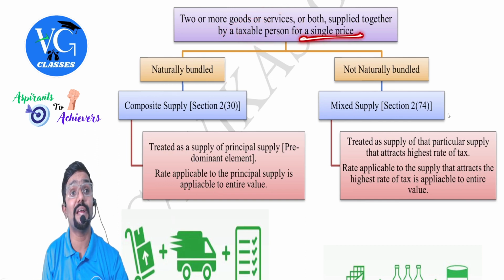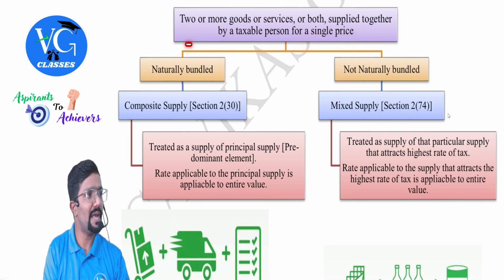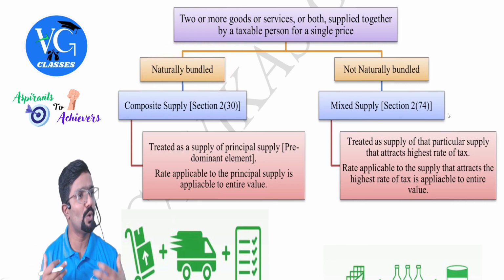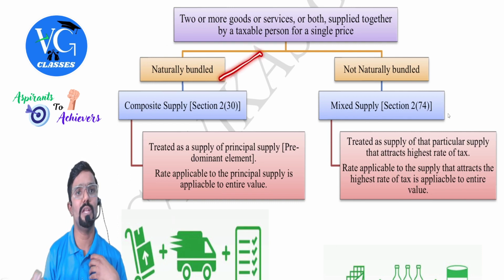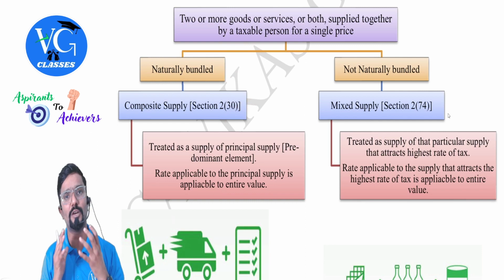And it is supplied for which price? Single price. Okay. First to check. What is the first checkpoint, guys? Naturally bundled. How will I tell whether it is naturally bundled or not? If majority of the customers are willing to buy it together, I call it as naturally bundled. It is covered in which section, people? Section 2 clause 30. Composite supply.